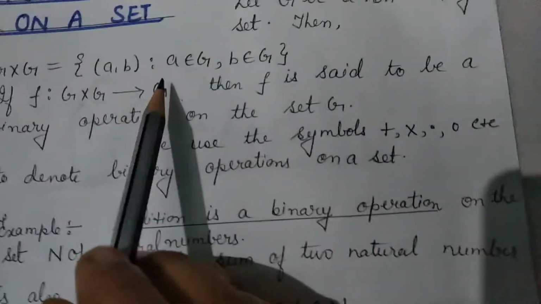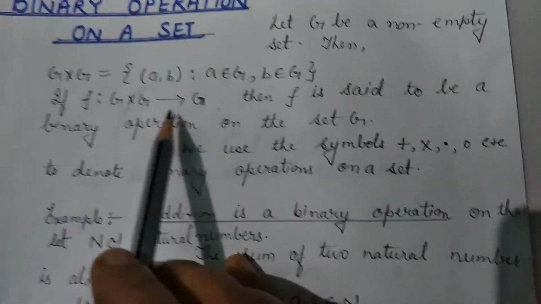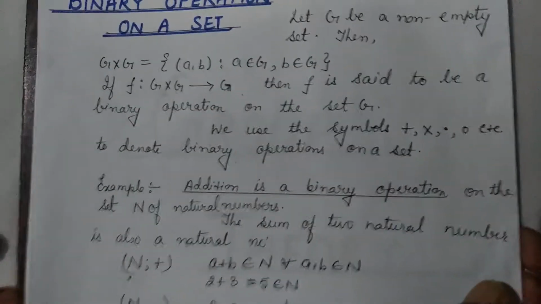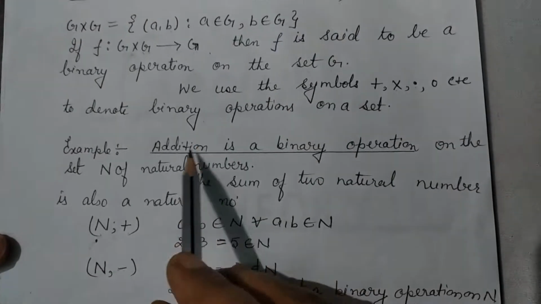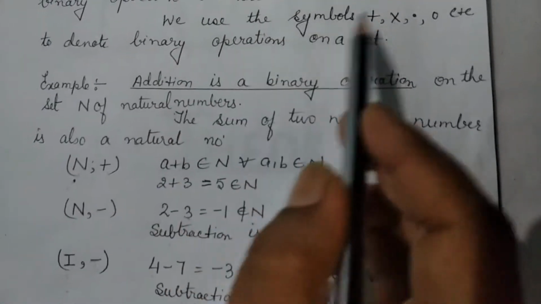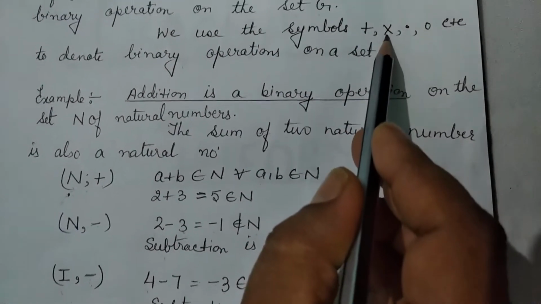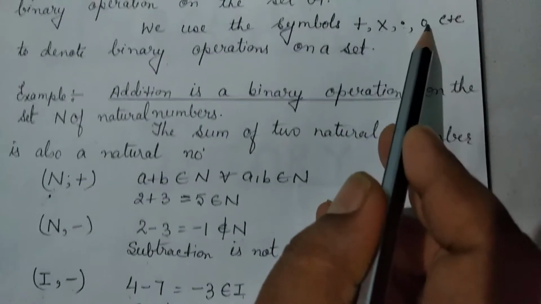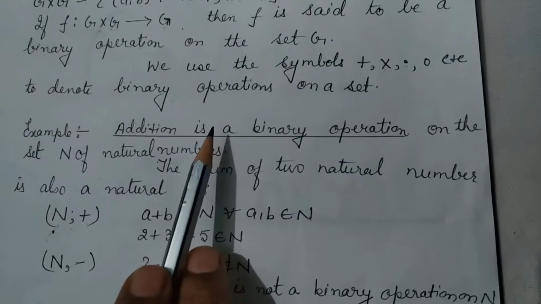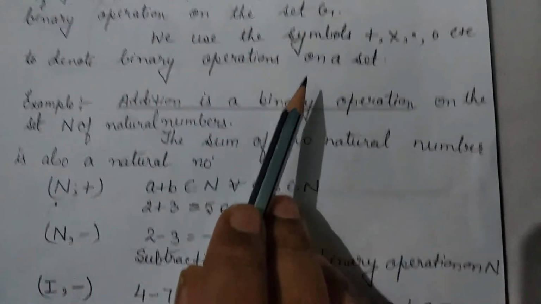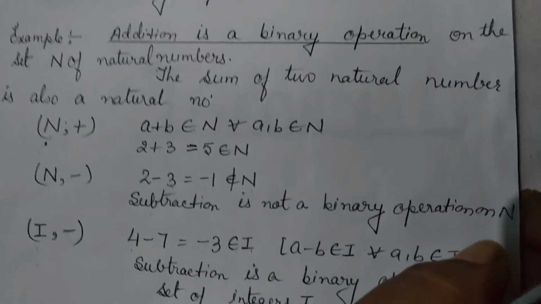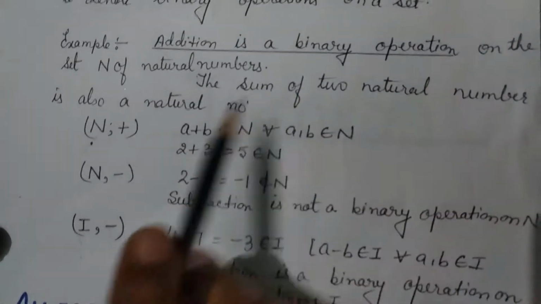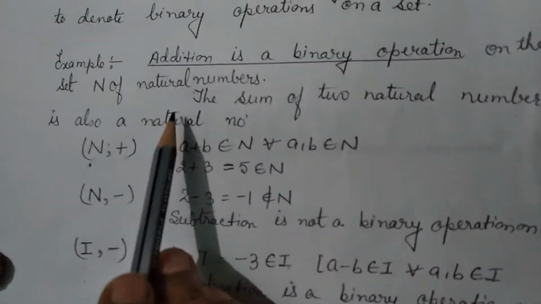Then that operation is called a binary operation. We use the symbols plus, multiplication, dot, o, etc. to denote a binary operation on a set. Let us be more clear through an example.